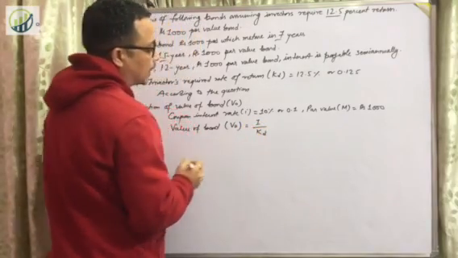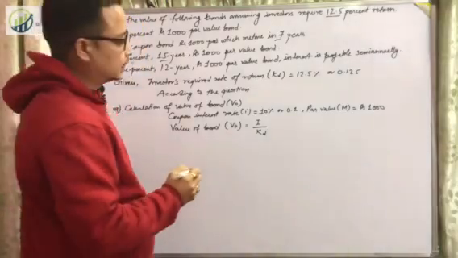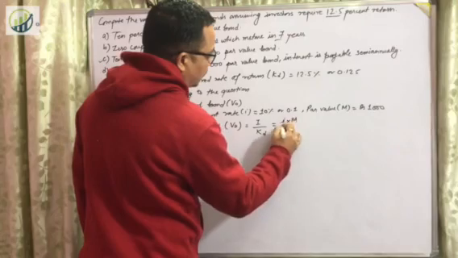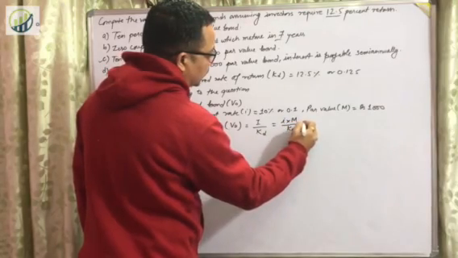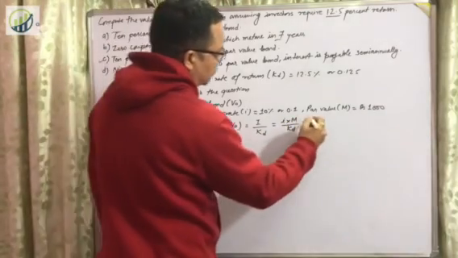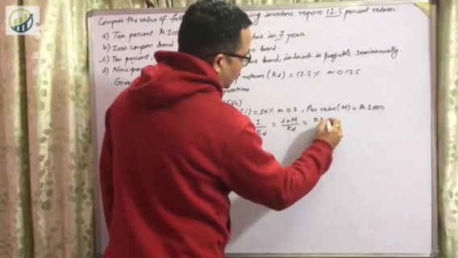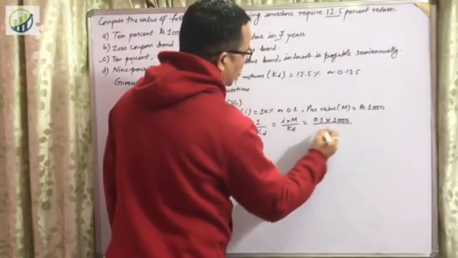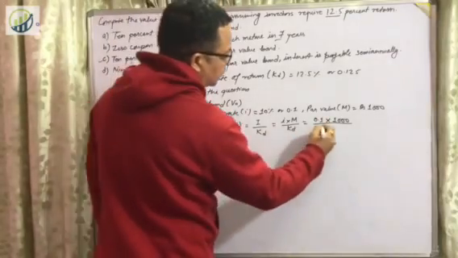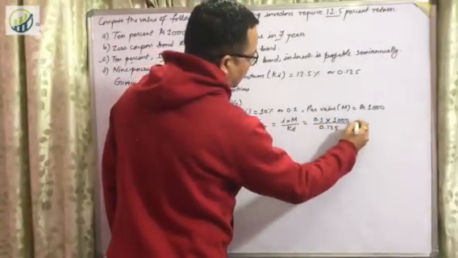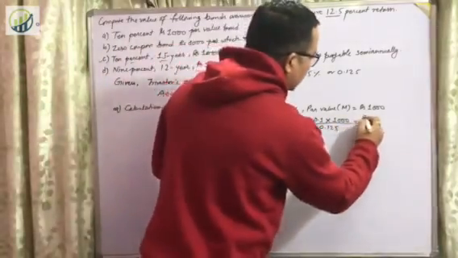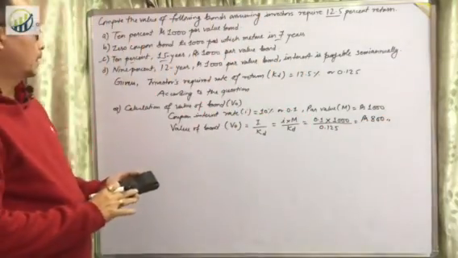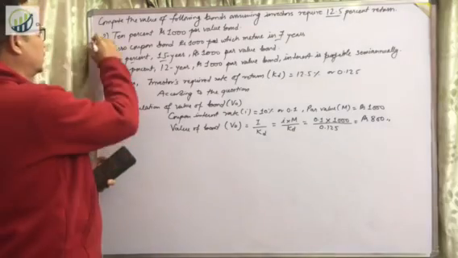So you can write this I is a coupon interest payment. You can also write this like this, I into M upon KD equal to I is your 0.1 into M is your 1000, and then your KD is 0.125, rupees 800. 800 is the value of bond for A.